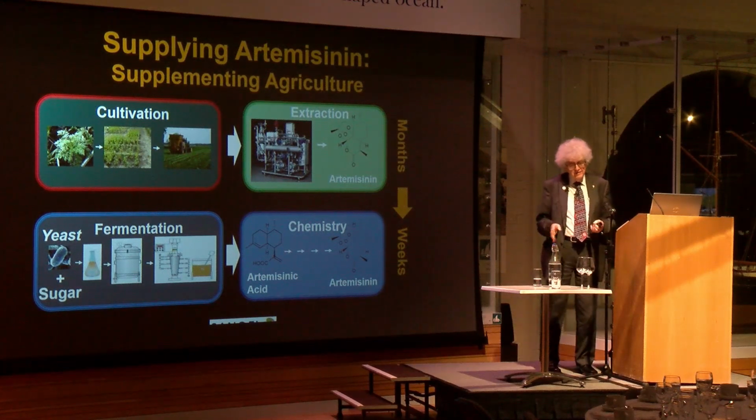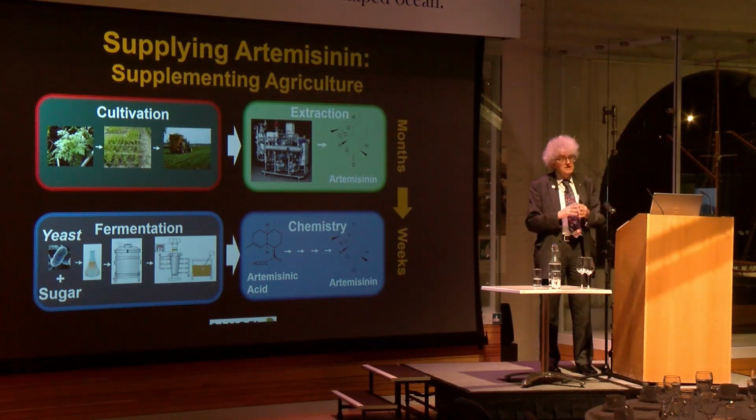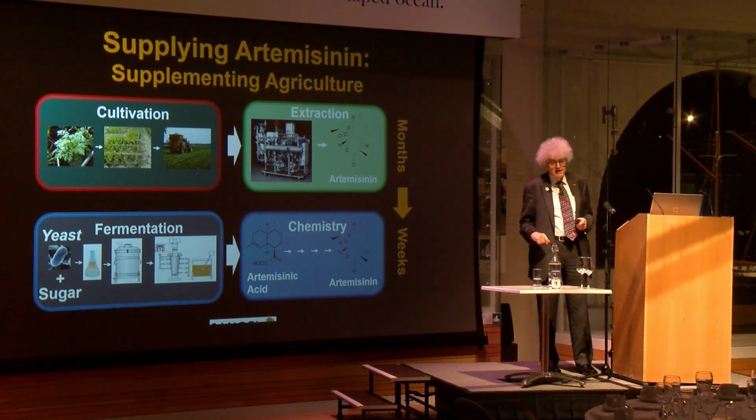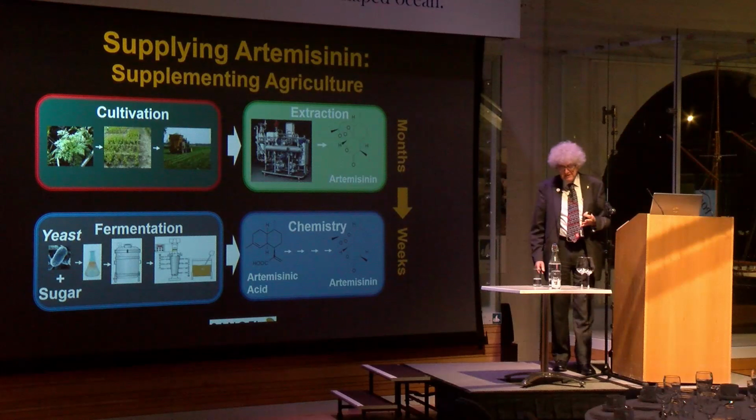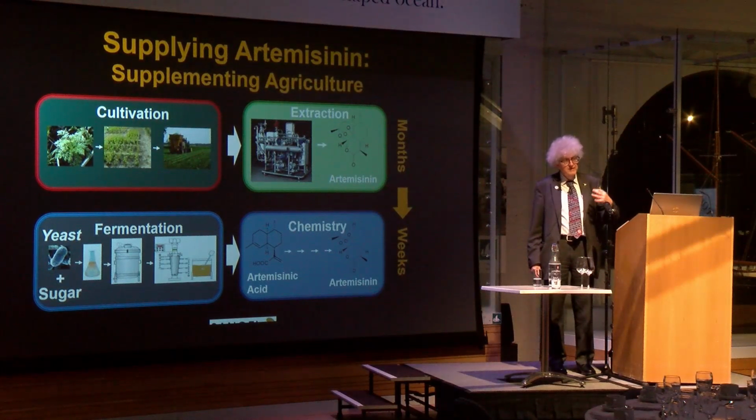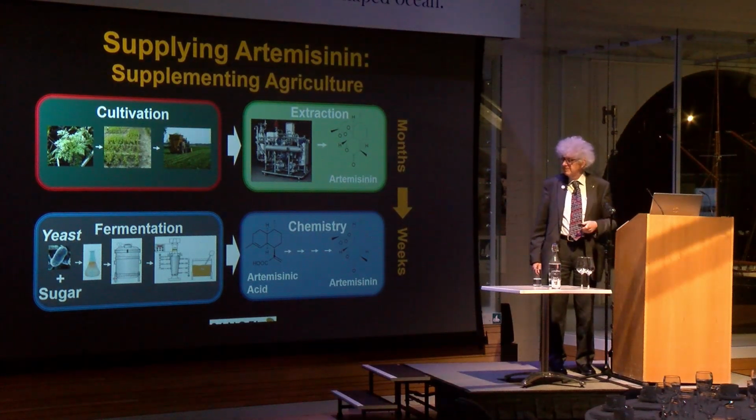But even in the best conditions, in subtropical climates such as southern China or Vietnam, this takes months to do. And the supply of artemisinin is never quite enough for what is needed to treat people.